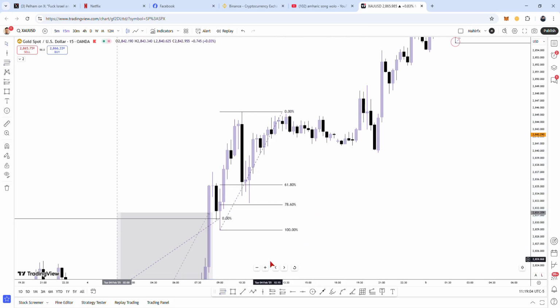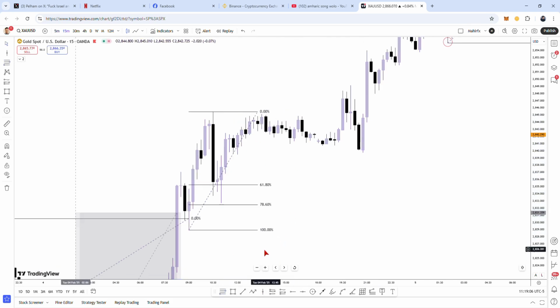So my entry is always based on confluences. I have to make sure that I am taking my entry on this one.